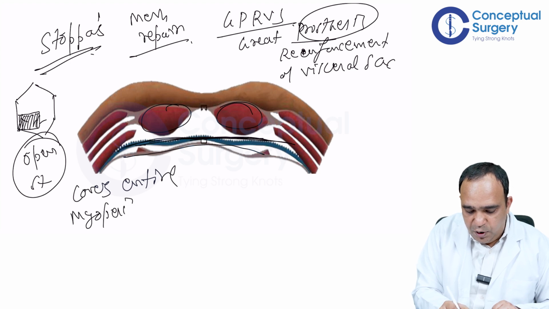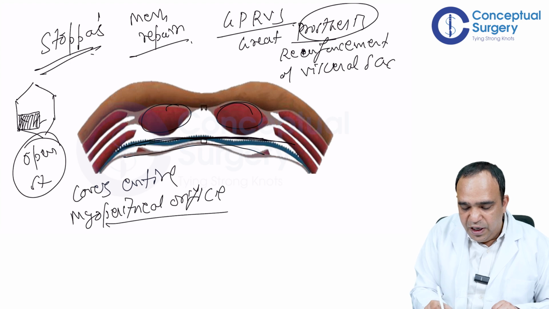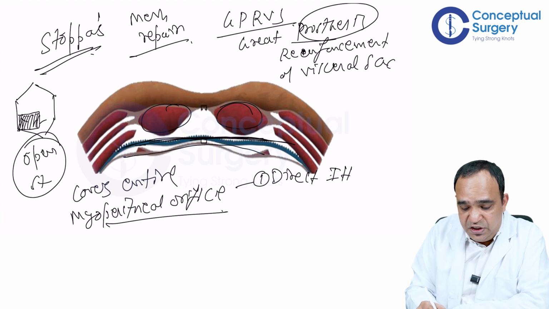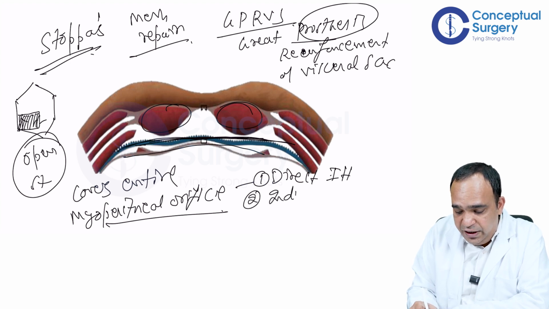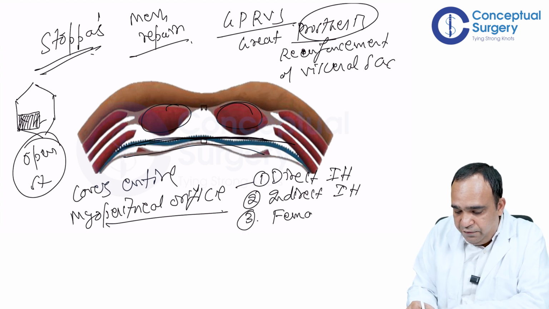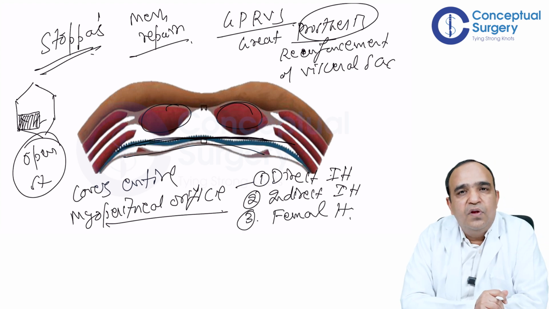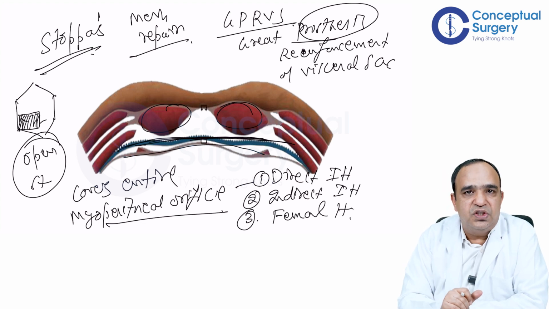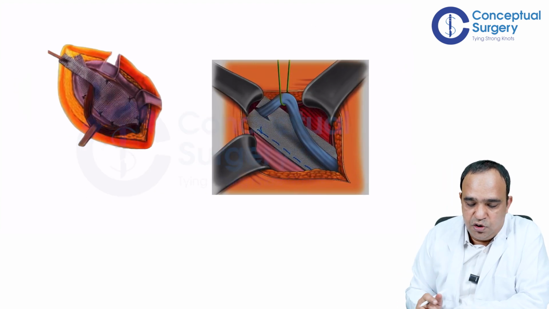I have a question about the myopectineal orifice later, you should know. It includes the defect for direct inguinal hernia, that is Hesselbach's triangle, the defect for indirect inguinal hernia, that is the deep ring, and it also takes care of the femoral hernia. So all three groin hernias are covered with this mesh. That's the advantage of Stoppa's.